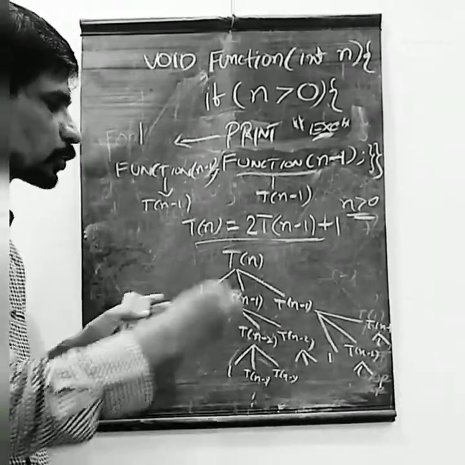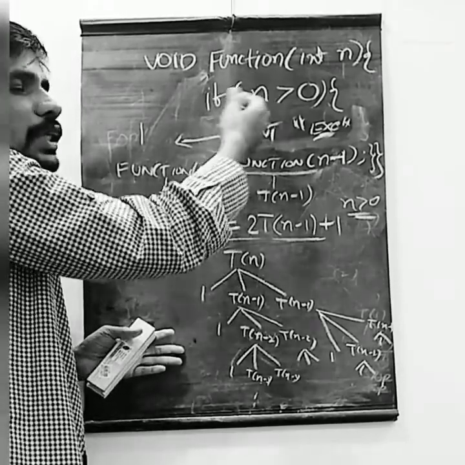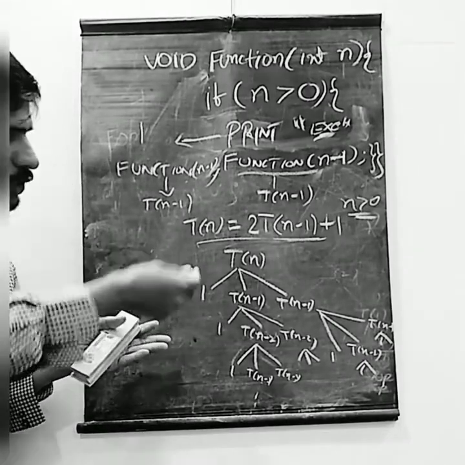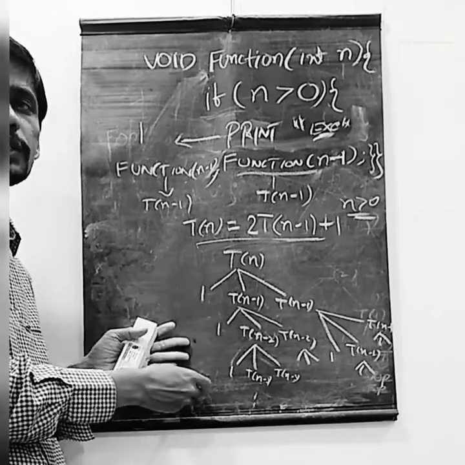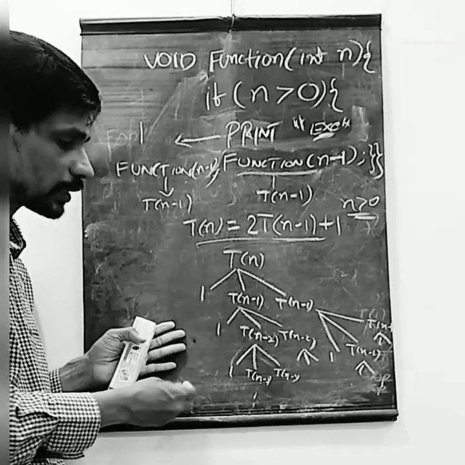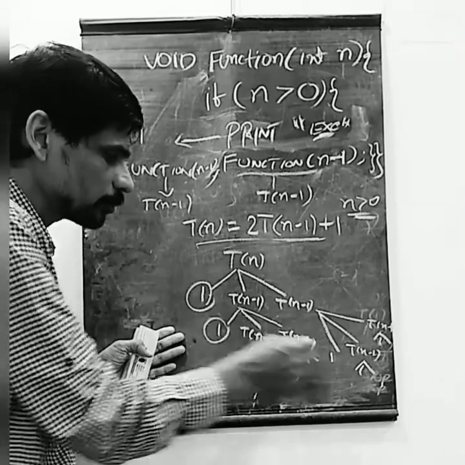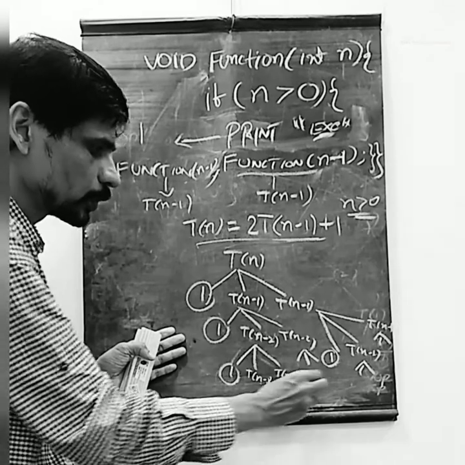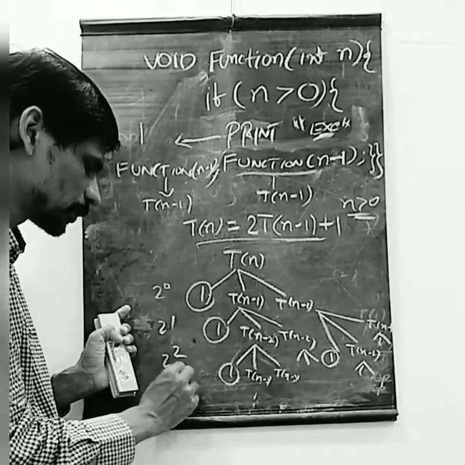So up to what do we need to do this? Until this condition is satisfied, right? If you observe how many times I need to repeat these branches, basically this pattern: first time one, second time 2, third time 4, so it becomes 2 power 0, 2 power 1, 2 power 2, 2 power 3.